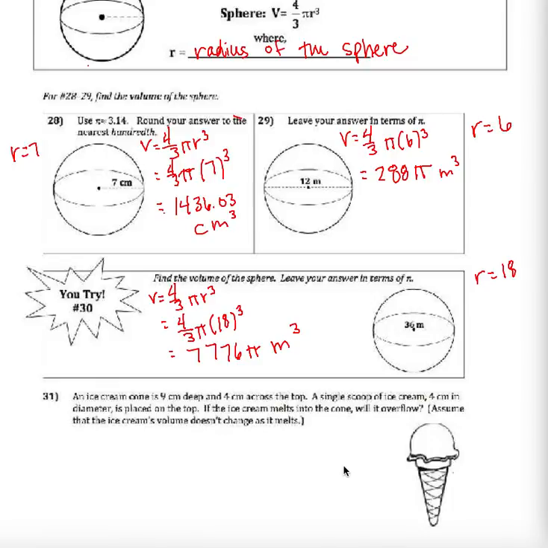When it asks us if it will overflow, what that basically means is we want to know, is the volume of the ice cream going to be greater than the volume of the cone? So we're going to have to do two different volume formulas. First, the volume of the cone.